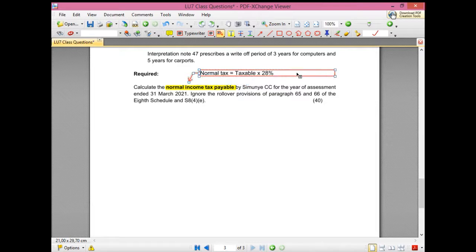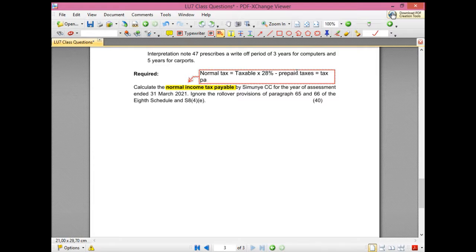But for the payable portion, you would still have to deduct any prepaid taxes. And that they generally show towards the end of the question if there's any prepaid taxes. So that would be your provisional tax payment. You would reduce it to work out what is then the tax payable.